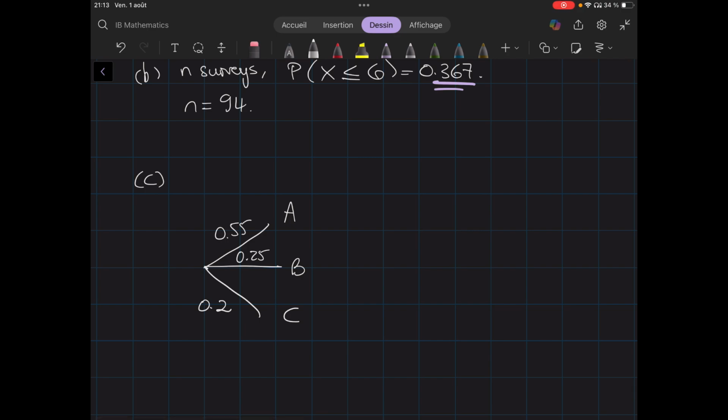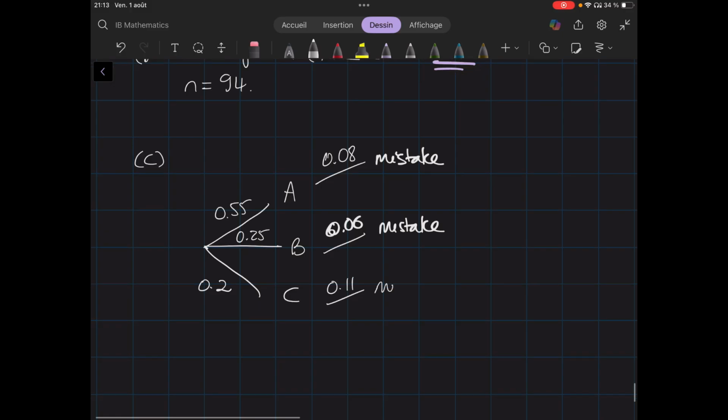Out of those surveys, Amanda enters incorrectly 8%, that is, there's a mistake. Bryce enters 6% inaccurately, and Carmen 11%. That means that the probability of having no mistakes for Amanda is 0.92, for Bryce is 0.94, and for Carmen is 0.89.